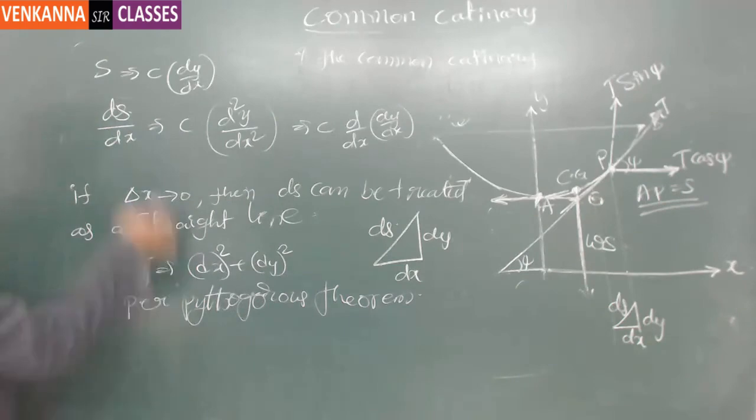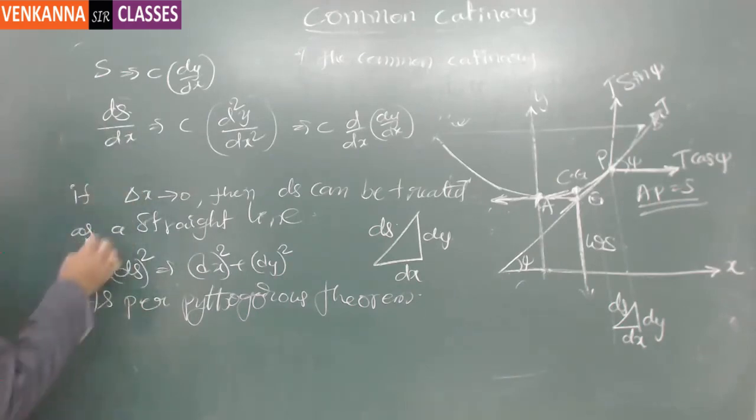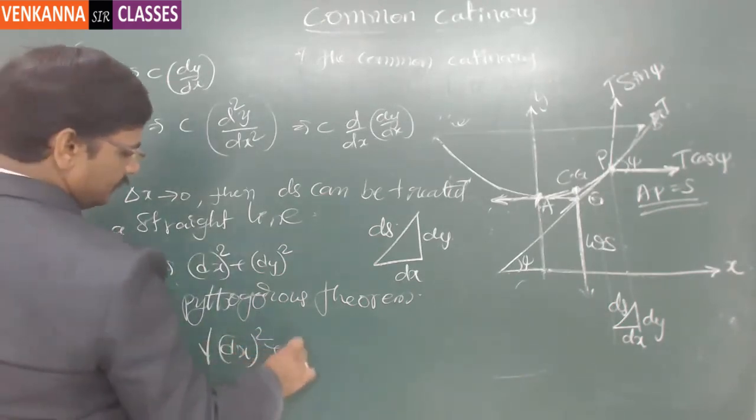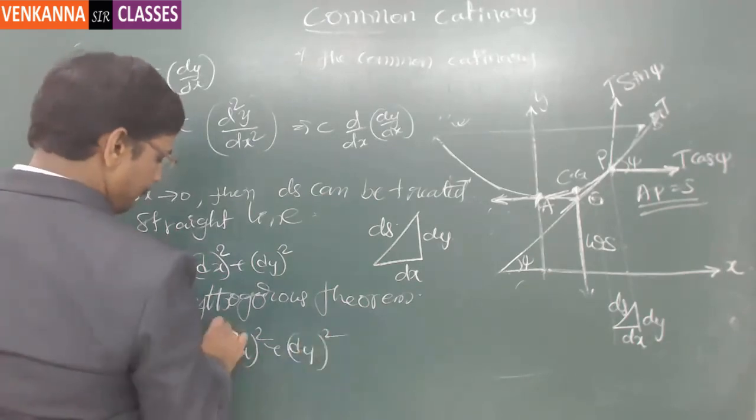So here, if you replace, ds is equal to square root of dx square plus dy square, under root.